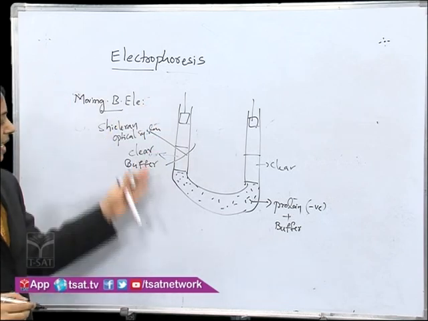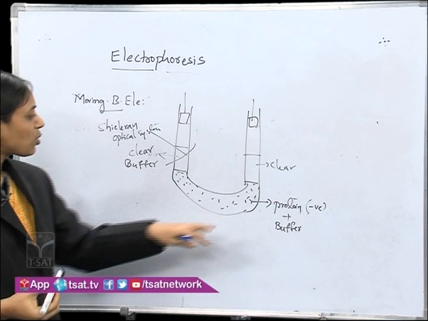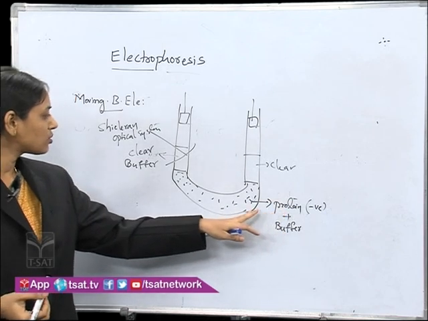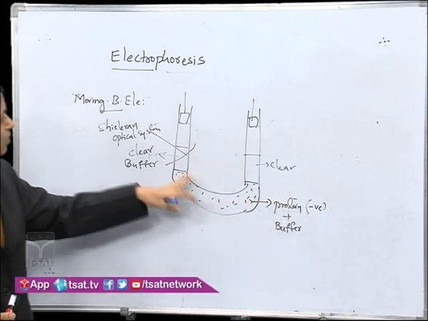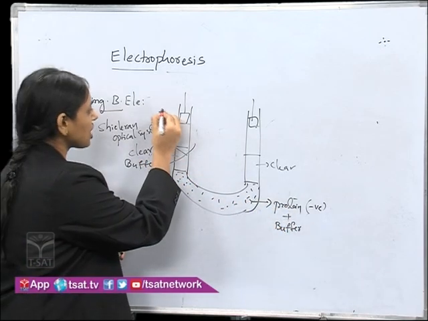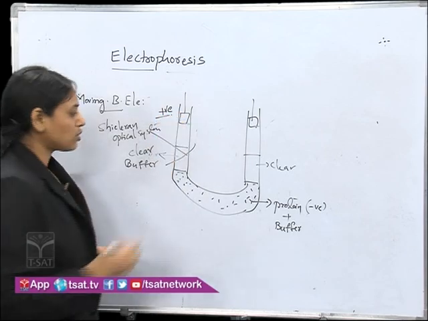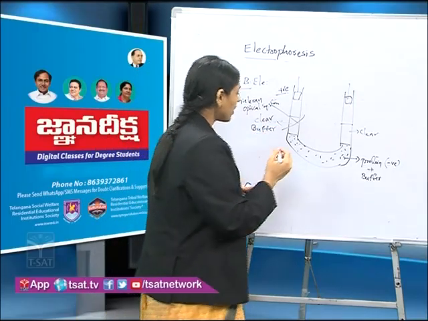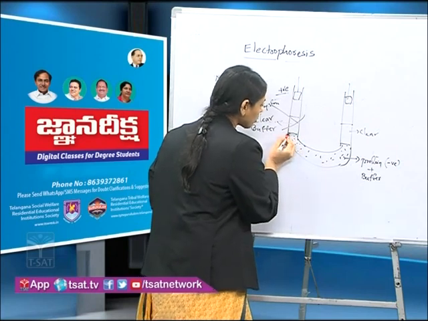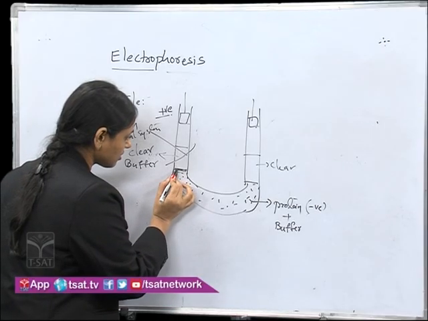When the current is applied to this system, these proteins move according to the charge on them. This is a negative charge carrier, so it moves towards the positively charged electrode, which is the anode. When it is moving, this boundary also moves along with it.